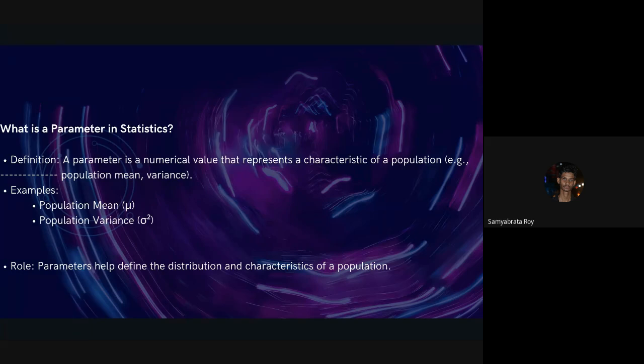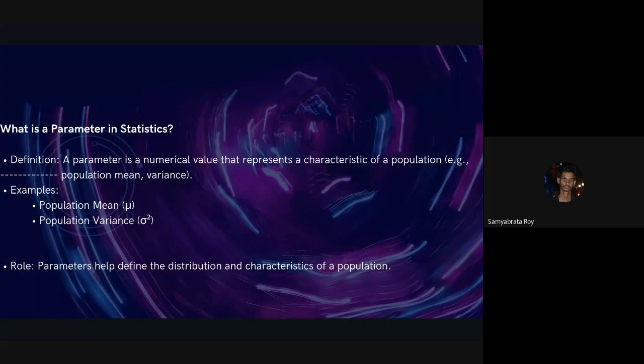Okay? So a statistical parameter is generally a numerical value which represents different characteristics of a statistical population, like population mean, population variance, kurtosis, skewness, whatever it could be. Like we can also call it raw moments or moments. Right?